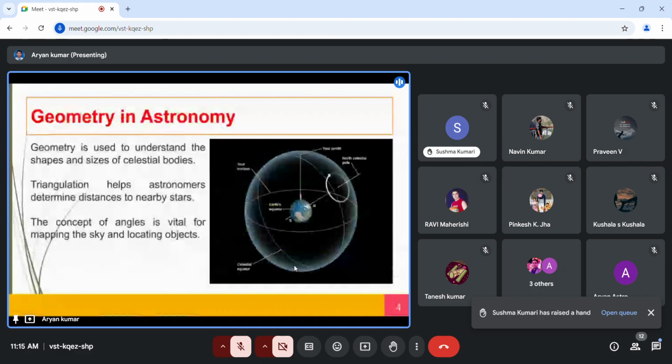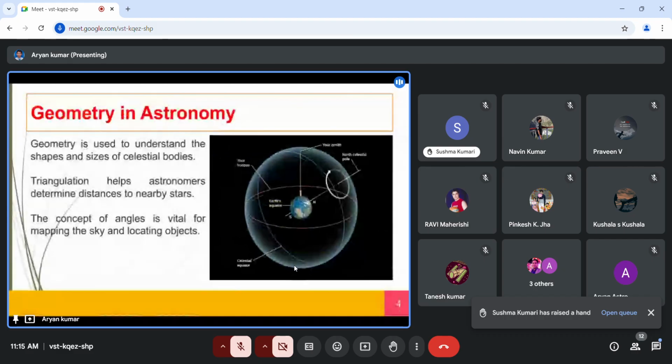Geometry in astronomy is used to understand the shapes and sizes of celestial bodies. This helps astronomers determine the distance to nearby stars. The concept of angles is vital for mapping the sky and locating objects.